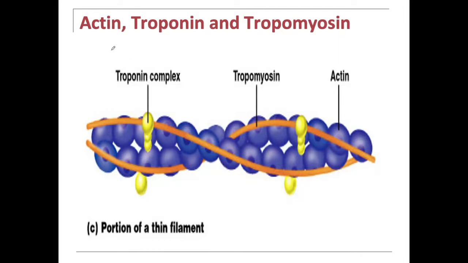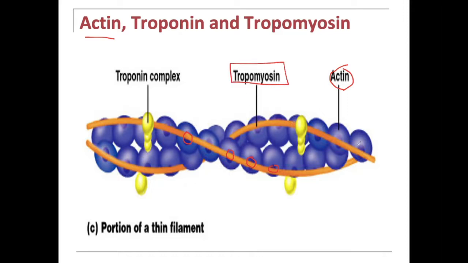So when we look at actin, which is here, these purple little pearls, these spheres, notice that we have these binding sites. These are these circles or these targets. But we don't see the whole thing because of tropomyosin.